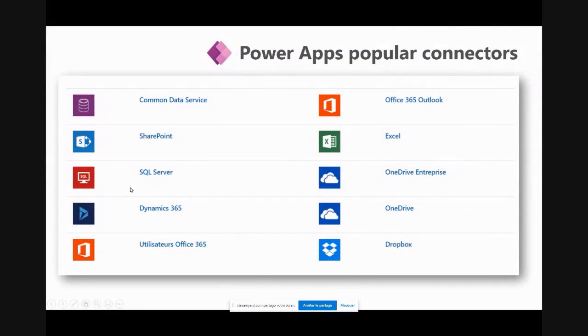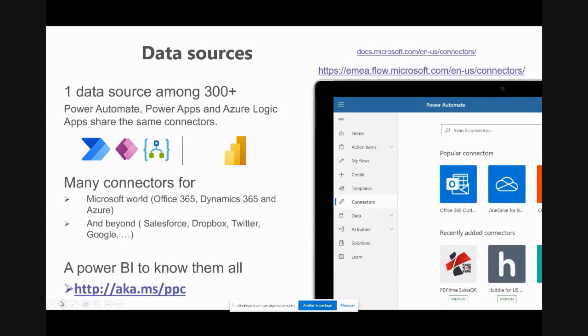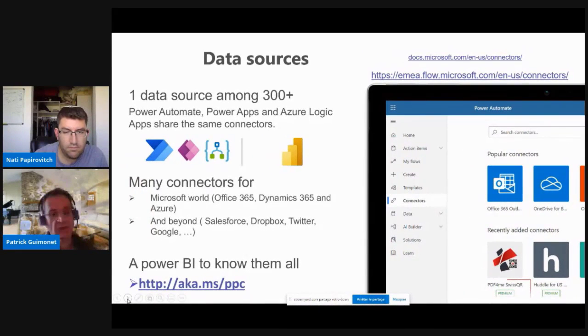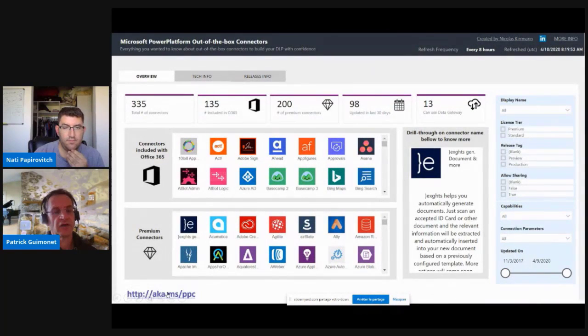Okay, more on adaptive cards. A very important thing is data sources. You should be aware that this is a very powerful way to connect your Power Apps with anything. You have many connectors, and here is a very interesting link to get very deep information about the connectors.